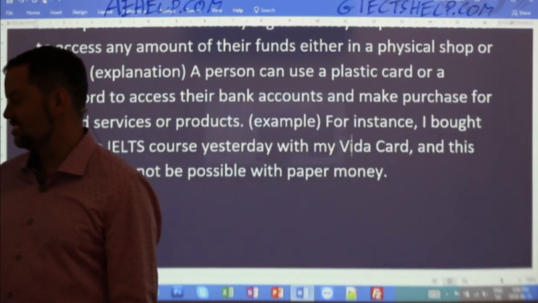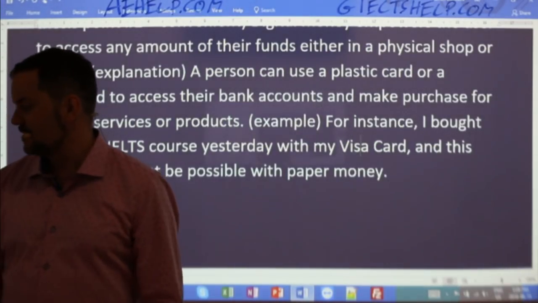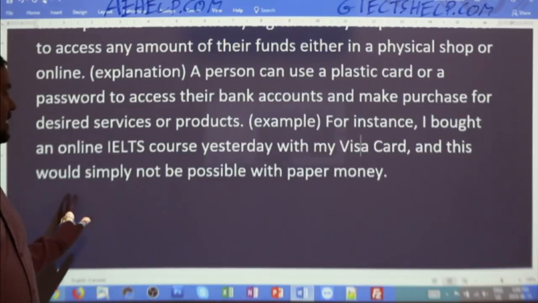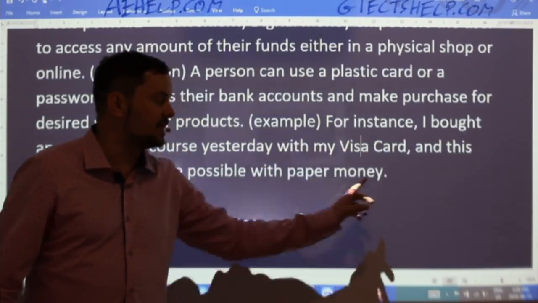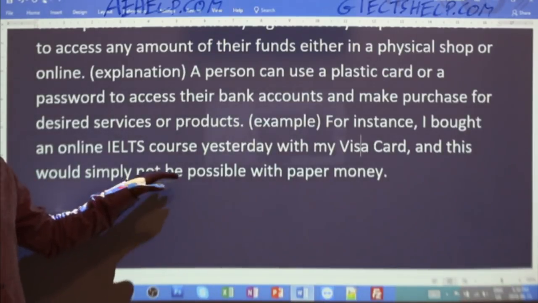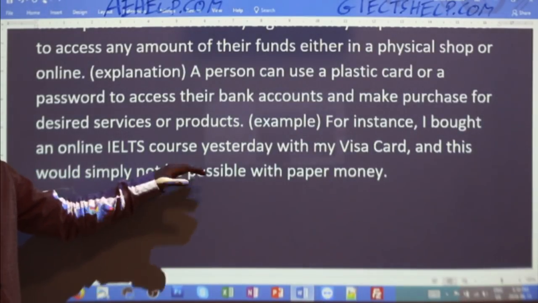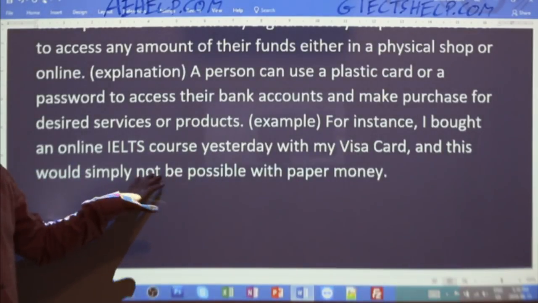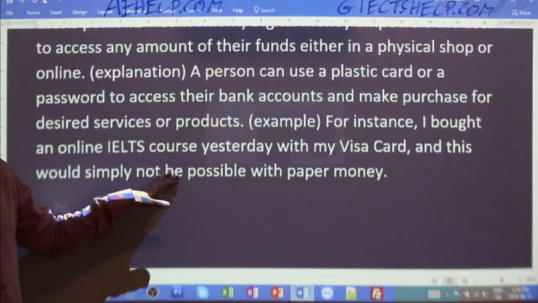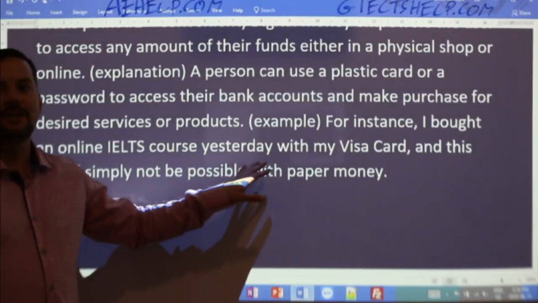Let's change that up. Visa card, and this would simply not be possible with paper money. So here I do a little extra step and make sure to reflect why I believe that cash is obsolete, okay? This is a key phrase in this example to boost your IELTS score even further.